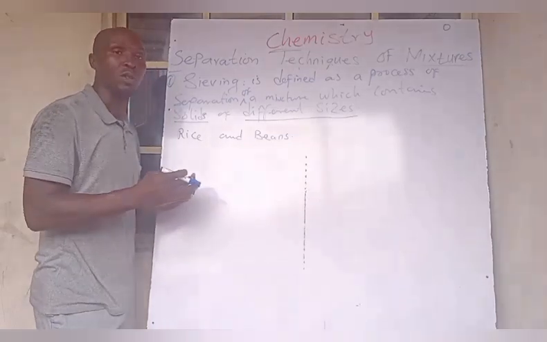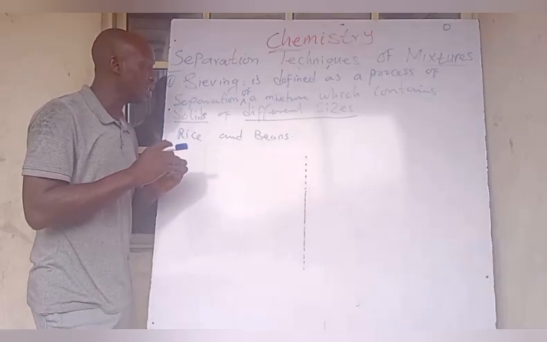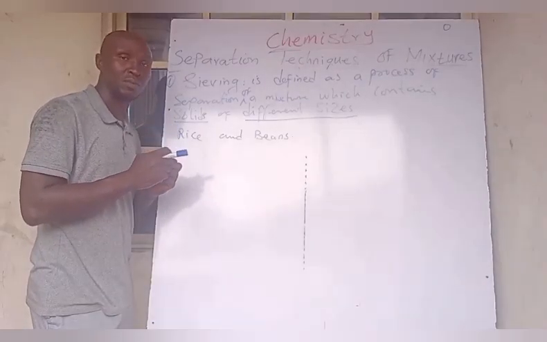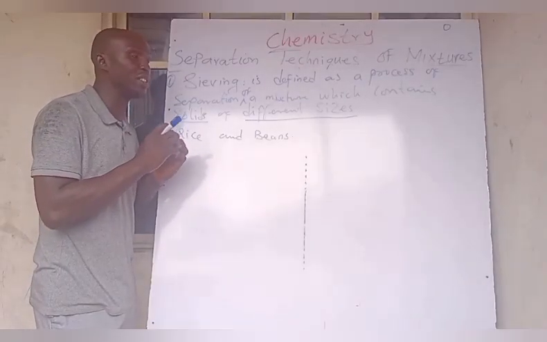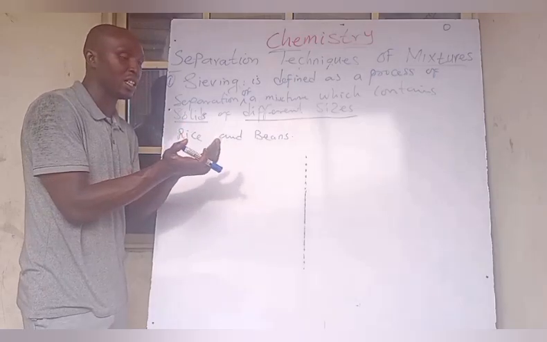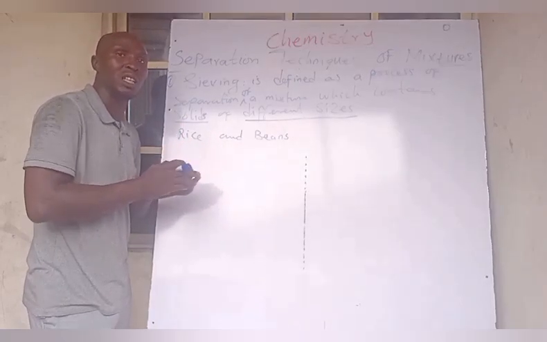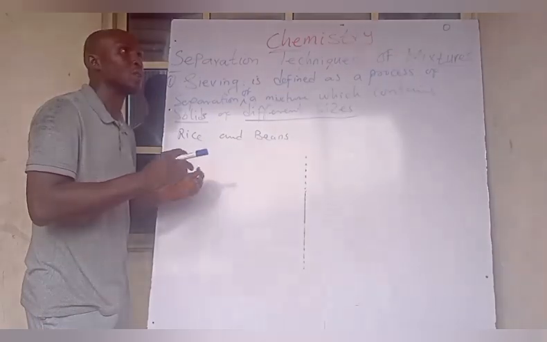Now, how is sieving done? Number one, you must ensure that you have a sieve. A sieve can be a cloth one.